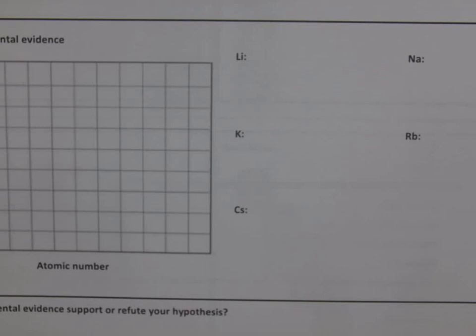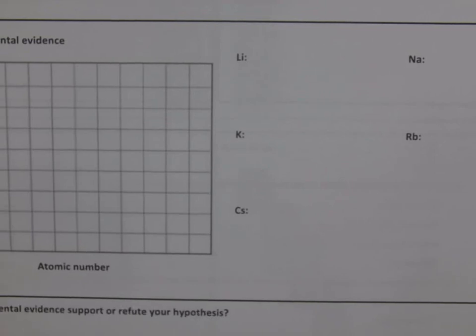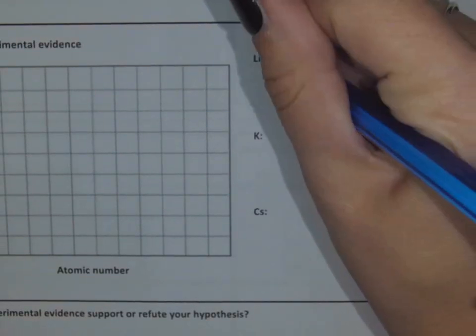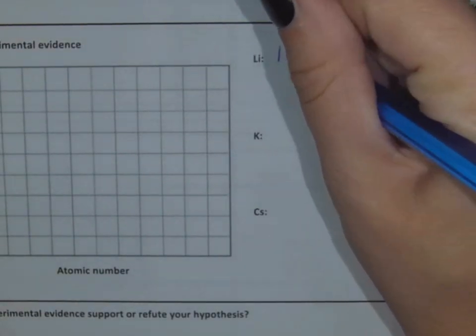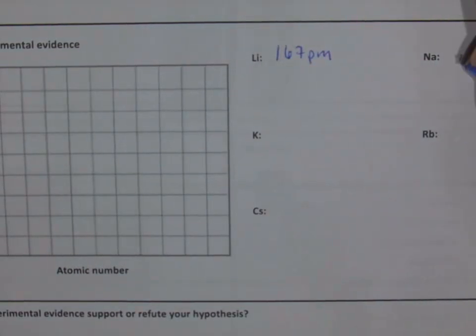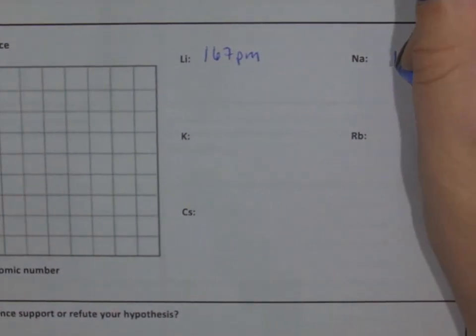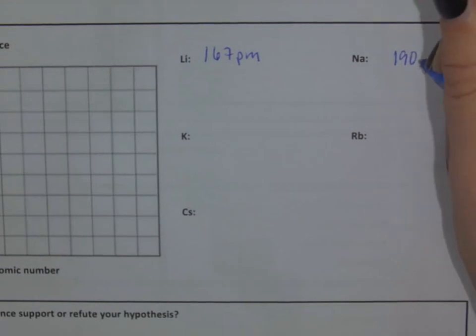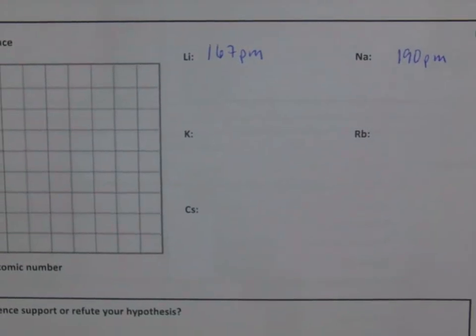For lithium, we have a radius of 167 picometers. For sodium, it was 190 picometers.